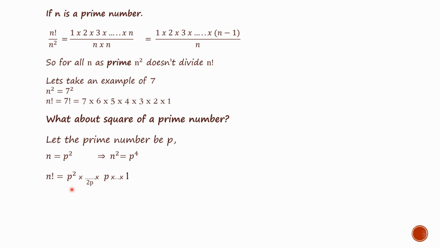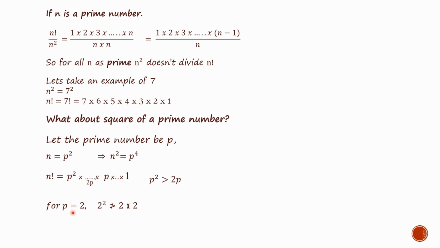Now for n factorial to have 4 factors of p, there has to be a 2p at minimum between p and p squared. That means p squared has to be greater than 2p. Now this is possible in most of the cases. The only case where this is not possible is if p is less than or equal to 2.